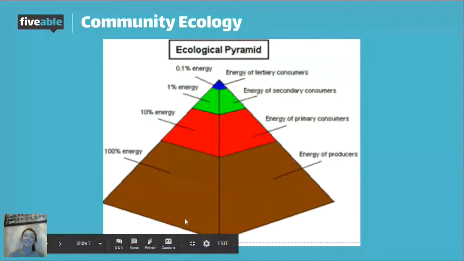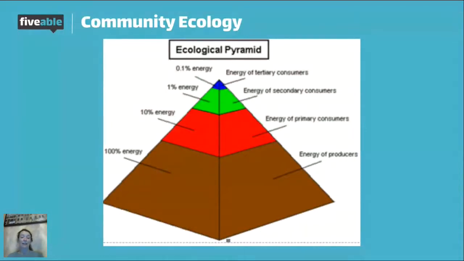And then the tertiary consumers that eat the secondary consumers get 0.1% of that energy. So there's a lot less energy available to tertiary consumers based on their diet of secondary consumers, because there's so much energy loss between each trophic level, the energy needed to keep that organism alive, that tertiary consumers have to eat a lot more than primary consumers.